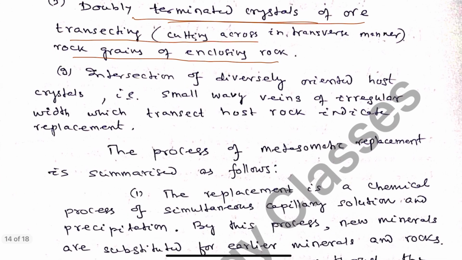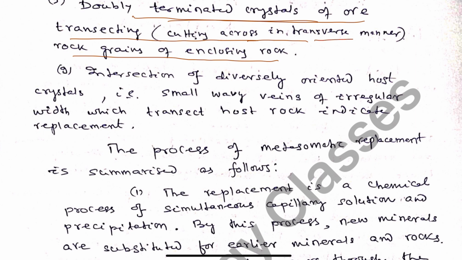They transect, that means they cut across in transverse manner, the country rock because of their reaction with the country rock. The intersection of diversely oriented host crystals develops due to reaction. Reaction will proceed in which direction, that cannot be said.